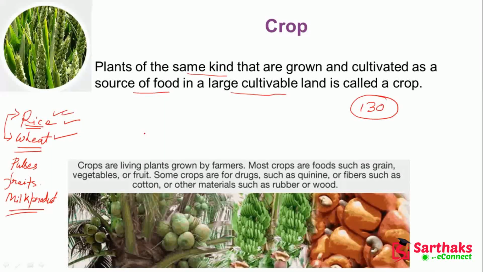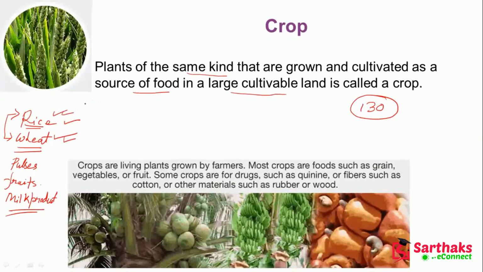But think about the requirement of the whole India, or the whole world. Because from wheat we make several products, and from rice also, from pulses and fruits also.